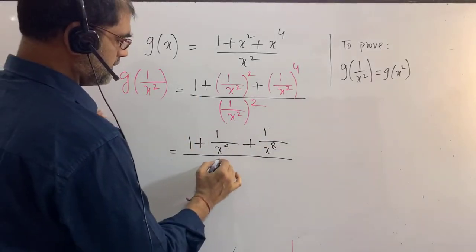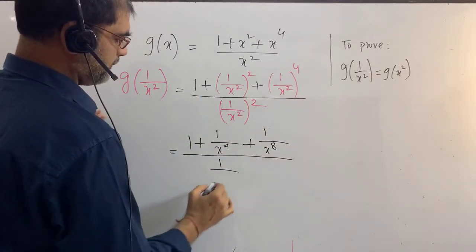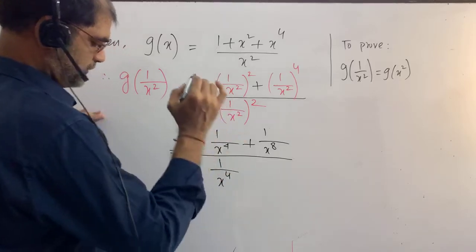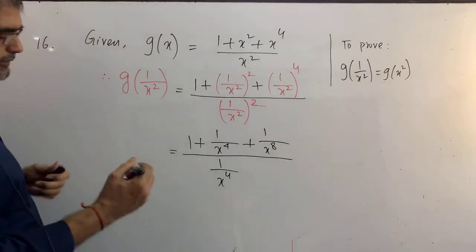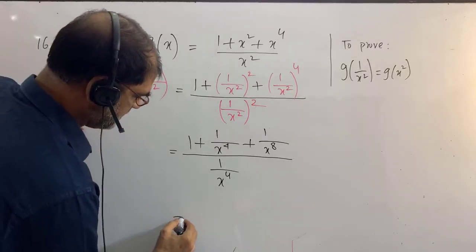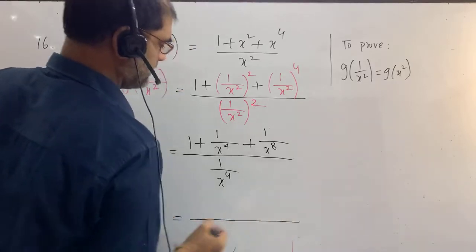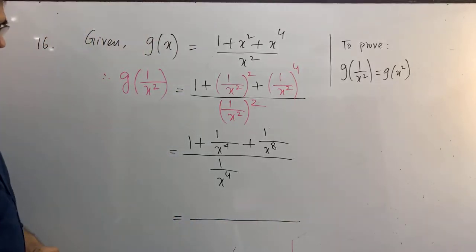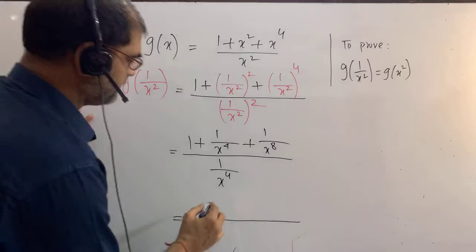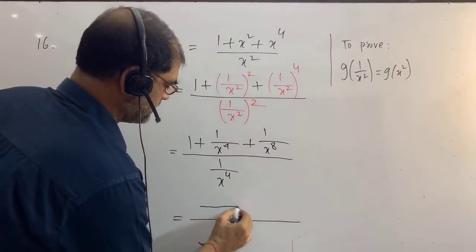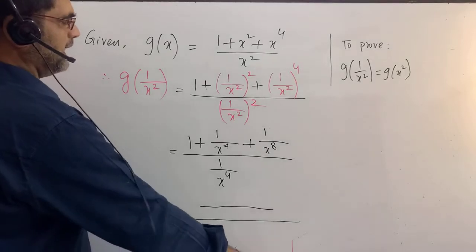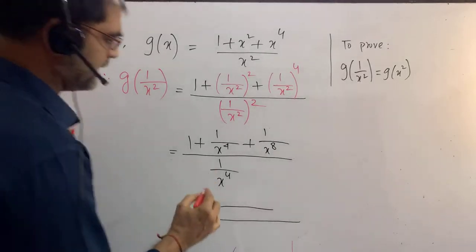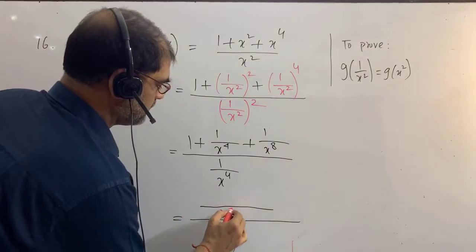For denominator 1 by x to the power 4, right? Then what should we do? We must get LCM in the numerator. Okay, so the LCM will be what? LCM will be x to the power 8. X to the power 8 will be our LCM.